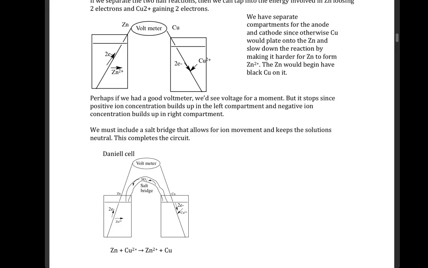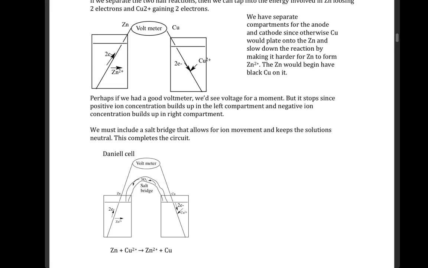The electrons need to flow from the zinc metal, where zinc 2+ is formed, on the left side, through the zinc metal to the copper metal, through, in our case, this voltmeter, and then into the copper 2+ solution, so that a copper 2+ ion can take on those 2 electrons and form copper, the atom.